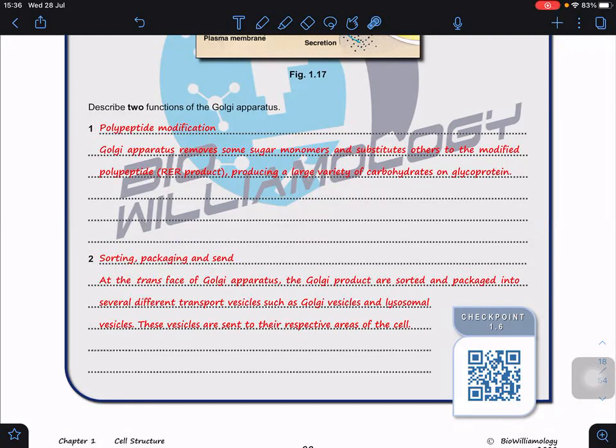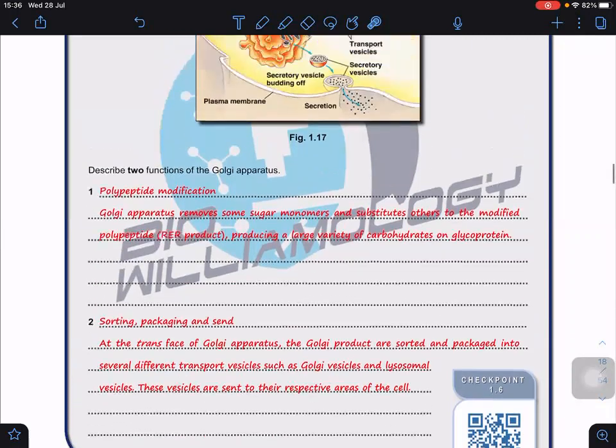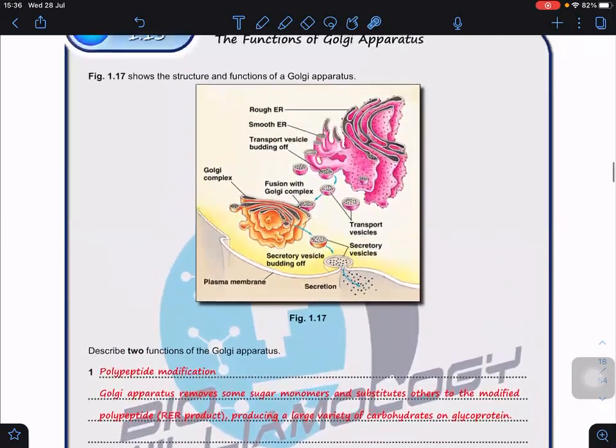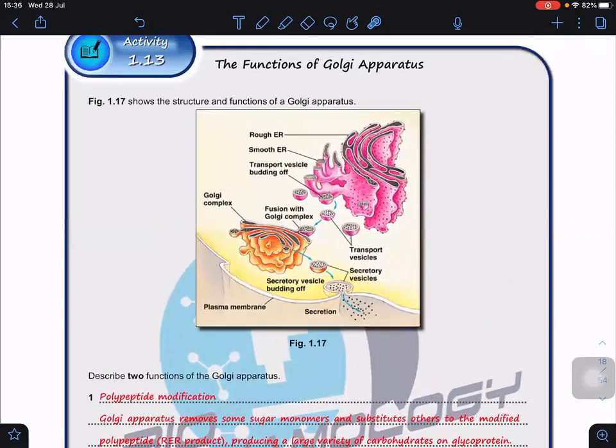At the trans face of the Golgi apparatus, the Golgi products are sorted and packaged into several different transport vesicles. For example, it can be a Golgi vesicle, or a lysosomal vesicle. These vesicles are sent to their respective areas of the cell, or can be sent out by exocytosis. So these are the roles of the Golgi apparatus.